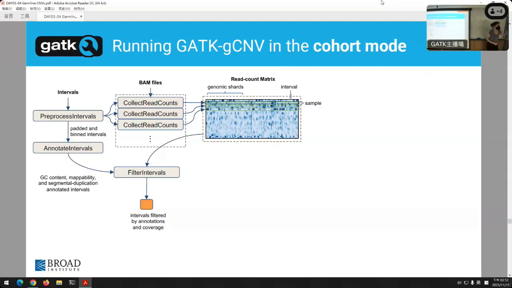And we use those annotations as well as our coverage matrix to filter intervals. So we filter out the ones that are very repetitive or that have extreme coverage where we don't think we're going to be able to produce high quality CNV calls. And we end up with a filtered list of intervals where we're confident we can perform CNV calling well.